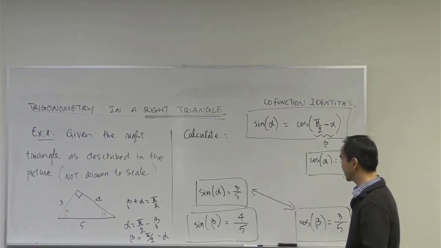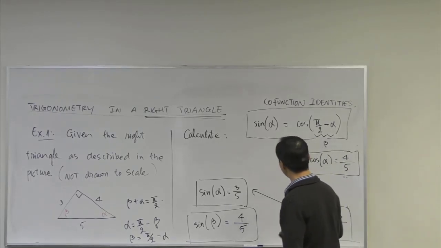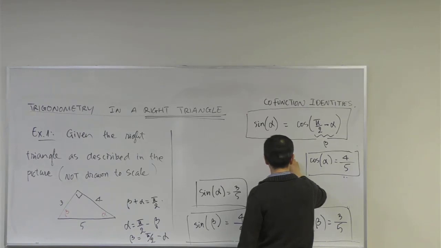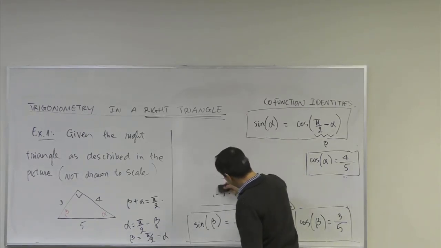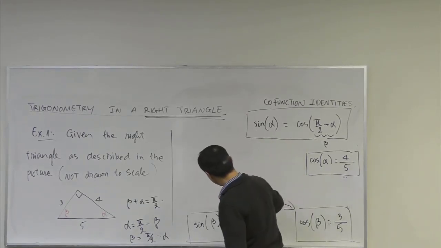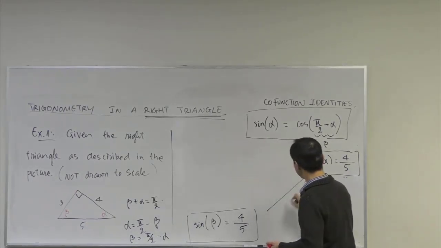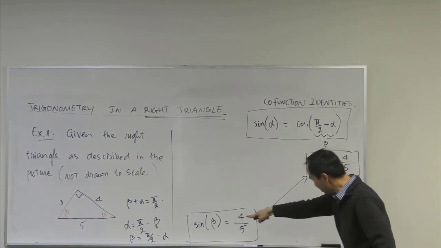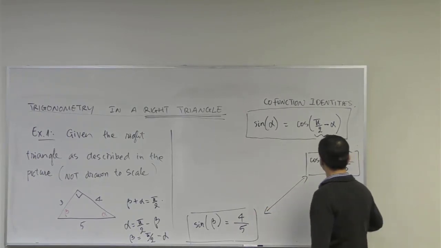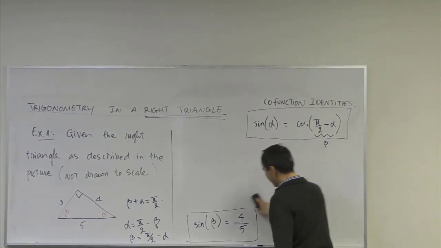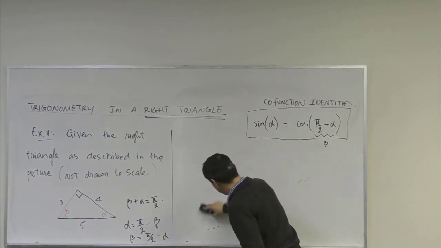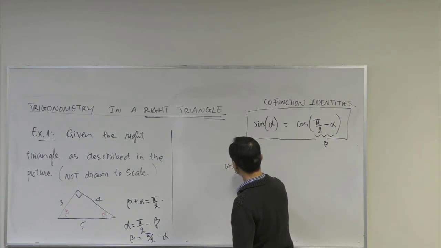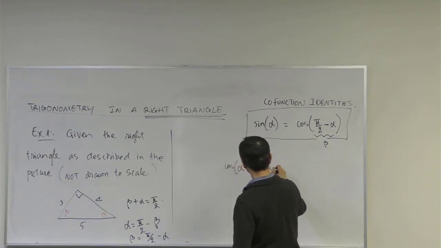Now, from the example we've done, we pointed out the idea about the co-function identities. So just like that, I'm going to take away this. Cosine of alpha equals 4/5, and sine of beta also equals 4/5. And so from that relationship, I can see that cosine of alpha equals sine of beta, right?